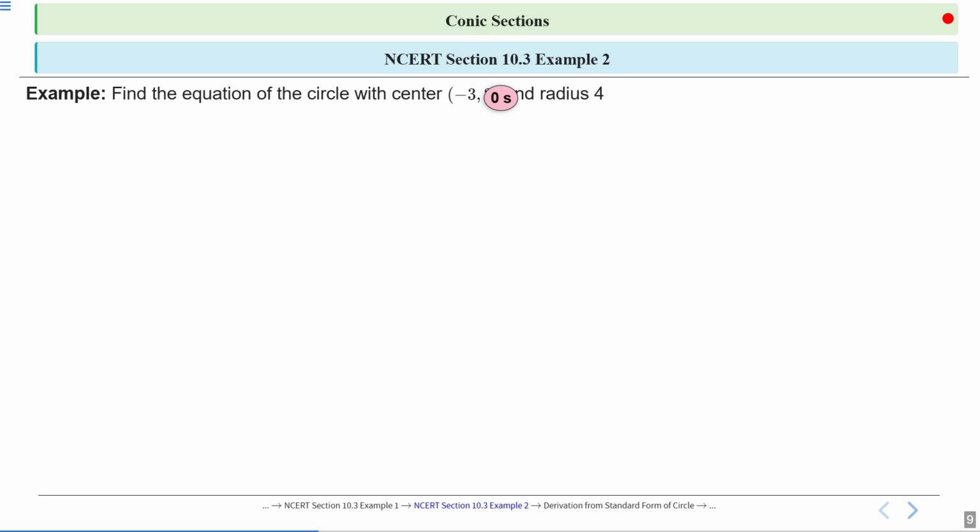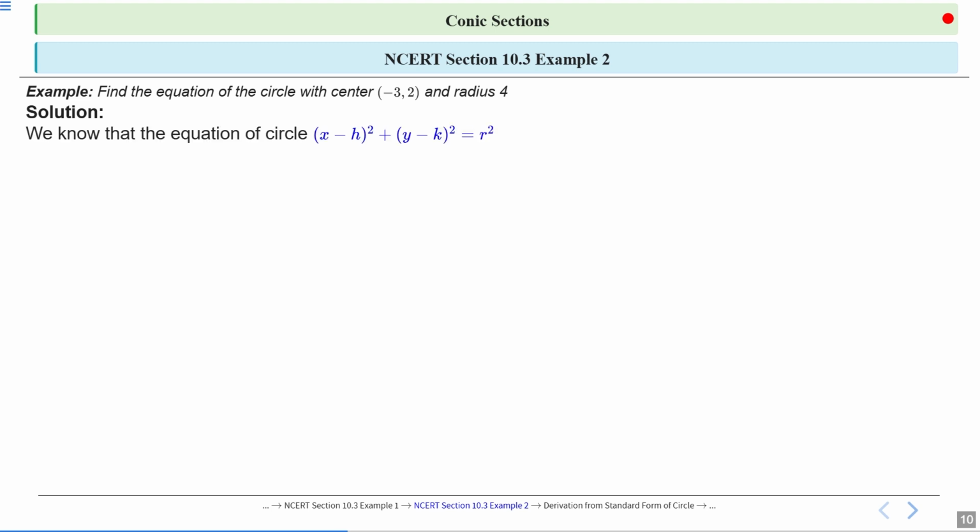Okay, students, I hope you tried to solve this example. Now we will solve this example. We know that the equation of the circle is x minus h whole square plus y minus k whole square equal to r square.